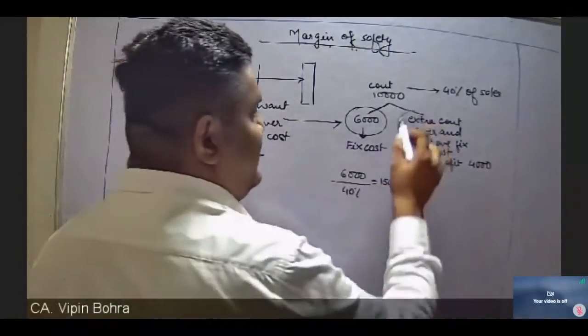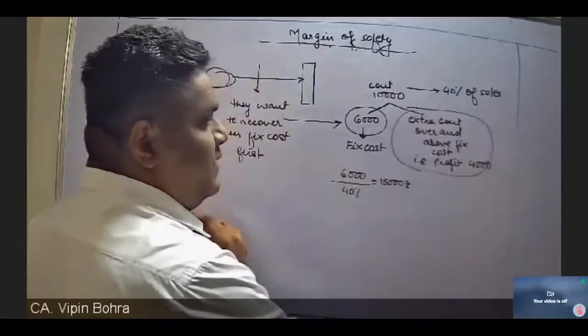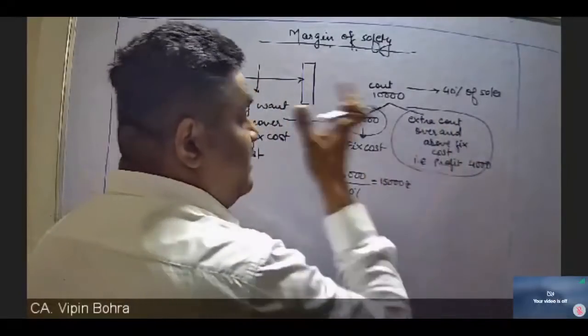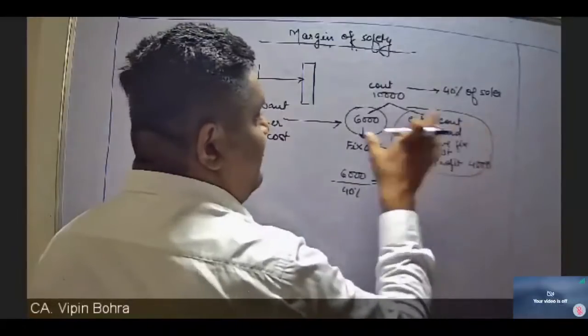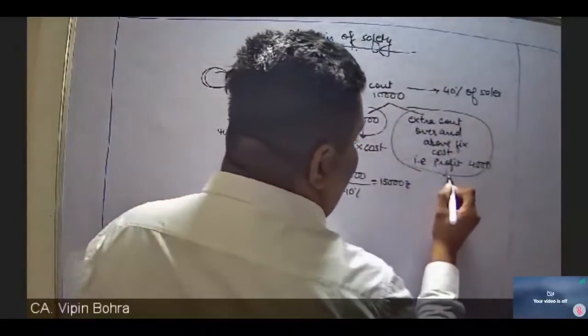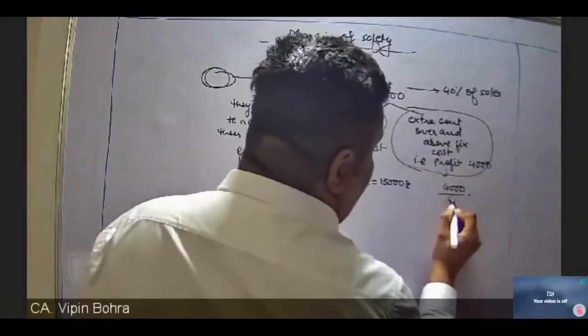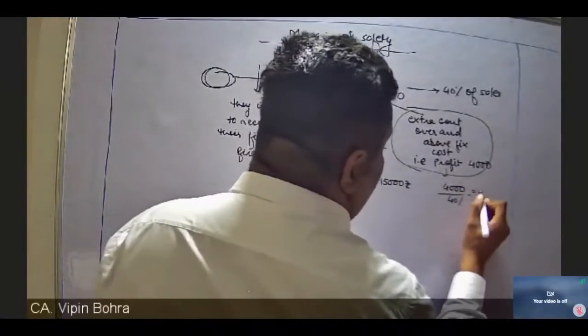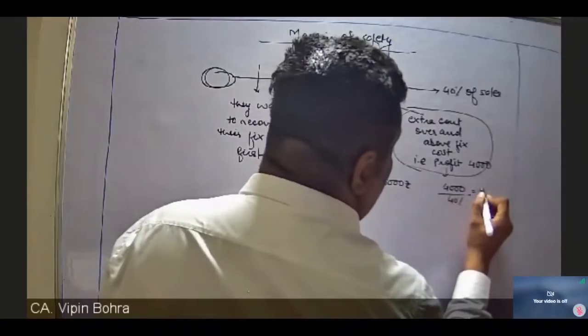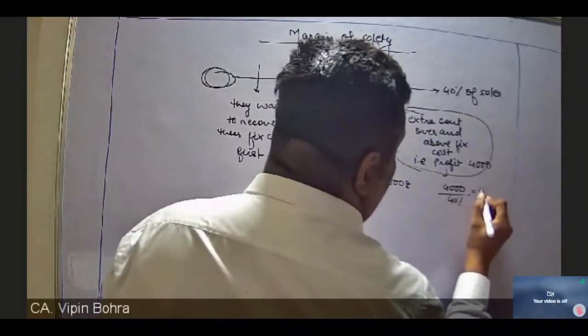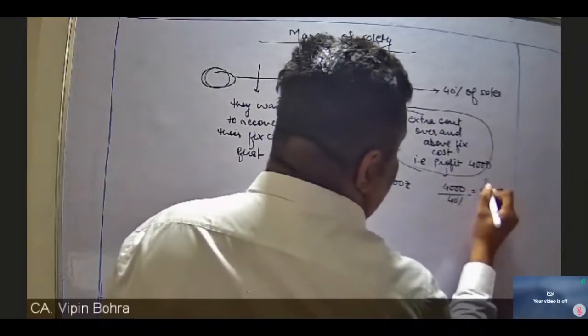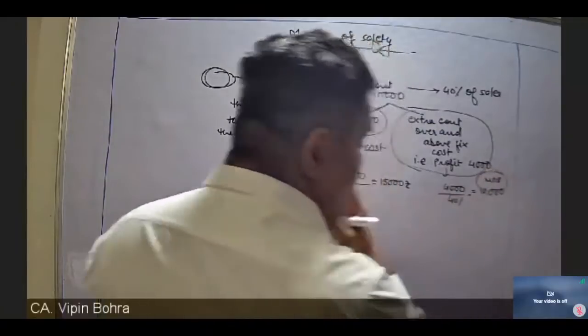Suppose I want to earn extra over and above break-even sales, that is over and above the fixed cost. If I want to earn extra, we call it profit. This is the extra contribution, and it is also equal to 40%. So 10,000. This is also my margin of safety.